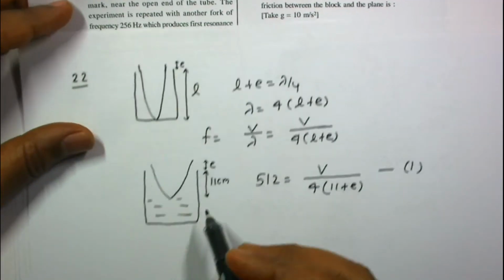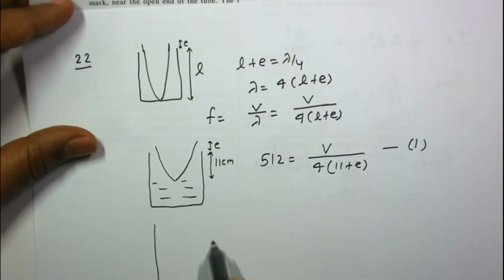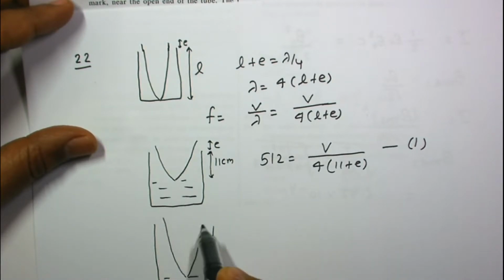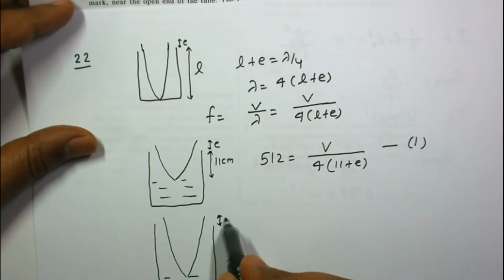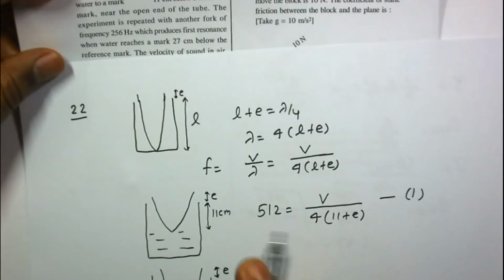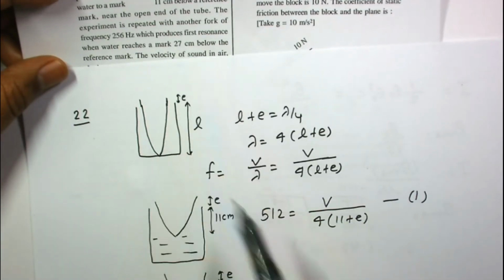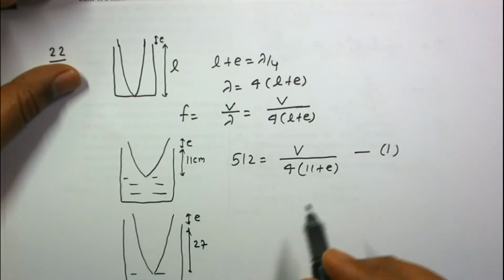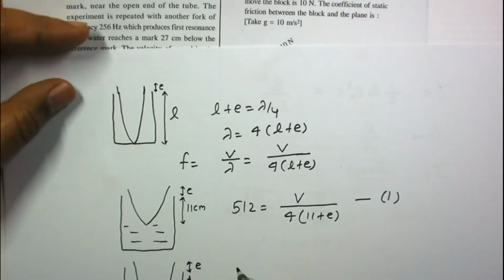In the second case, water level is somewhere down here. This is end correction. End correction will remain the same, and now this length becomes 27 cm. So from open end it is 27, and the frequency is now 256 Hz.